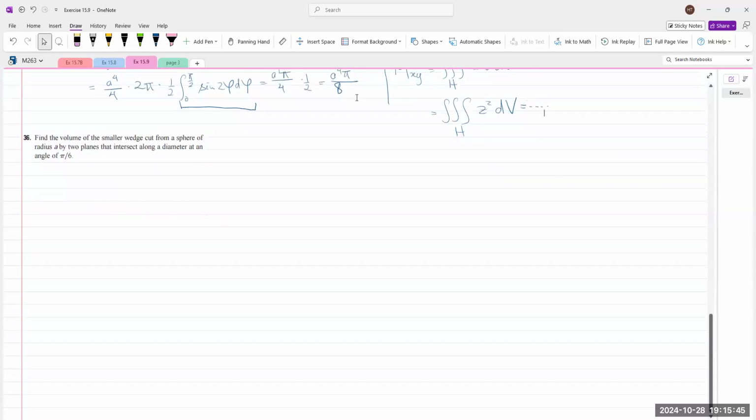Number 36, find the volume of the smaller wedge cut from the sphere with radius a. So we have a sphere with radius a cut by two planes with angle pi over 6. So let's say this is the first plane and this is the second plane.